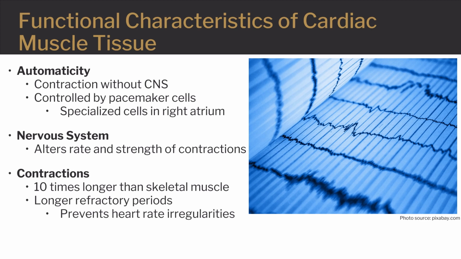The long refractory period is accomplished through the special properties of the sarcolemma of the cardiac muscle tissue, which prevents wave summation and tetanic contractions, which are things that can happen in skeletal muscle when we want to lift something heavy and hold it up for a while. But with the heart, those would not be beneficial features, because it needs to have a consistent rest period between contractions so that the 4 chambers of the heart can fill with blood.